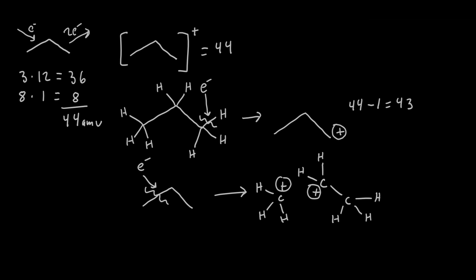Now for when we're breaking the carbon-carbon bond, we have a carbon and 3 hydrogens, so that would be 15 atomic mass units, and then here we have 2 carbons and 5 hydrogens, so that would be 29 atomic mass units. So based on this fragment analysis, we can assume that there will be peaks at 44, 43, 29, and 15.